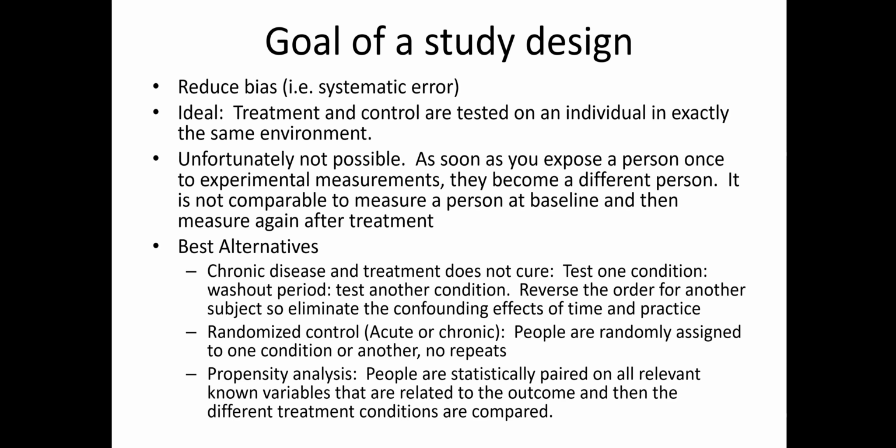If your cornea is thick, it will register your IOP as higher than it really is. If it's thin, it'll be the other way around. So it has a bias, a systematic error. And we want to design studies so that they don't have systematic error.